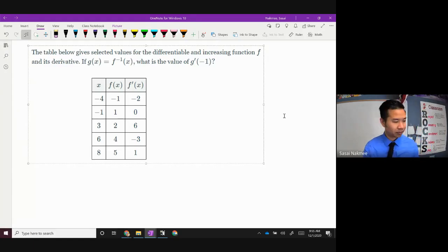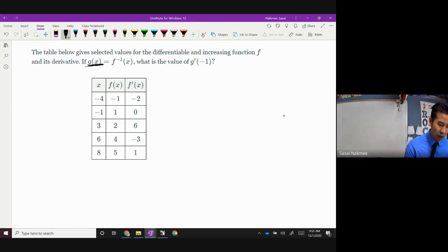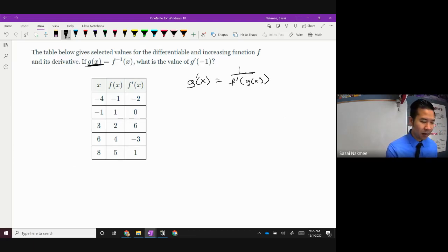This one looks different because they don't give you the function, but as long as g is the inverse of f, it still follows the same rule. Meaning, if I'm looking for g prime of x, that's just going to equal 1 over f prime evaluated at g of x.